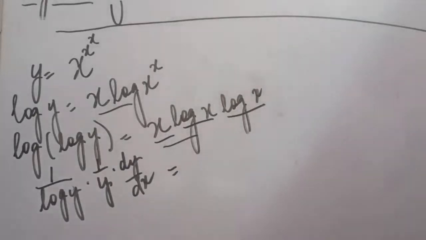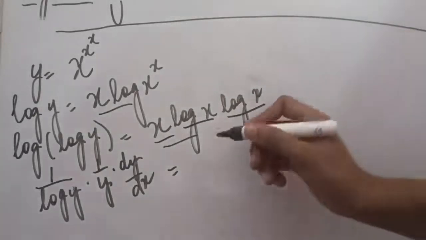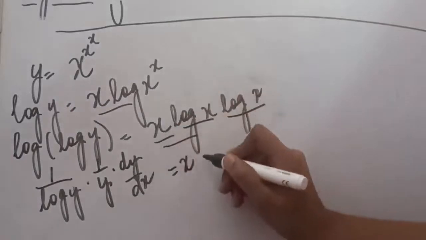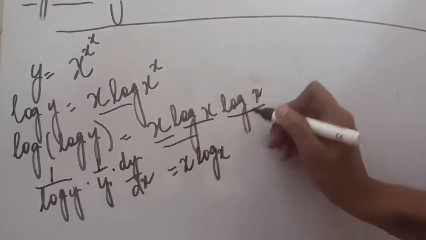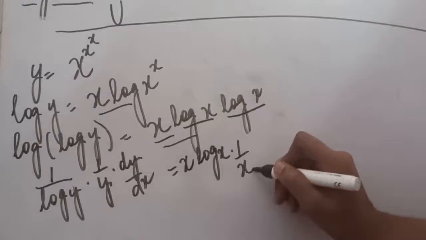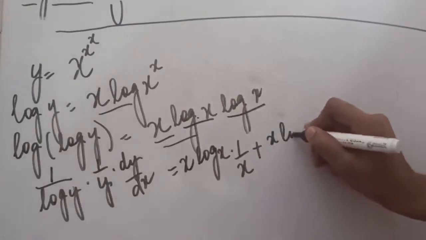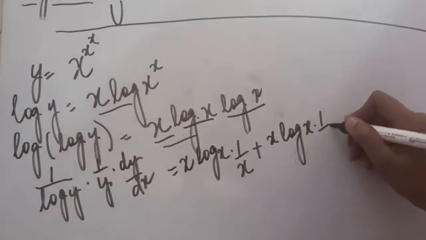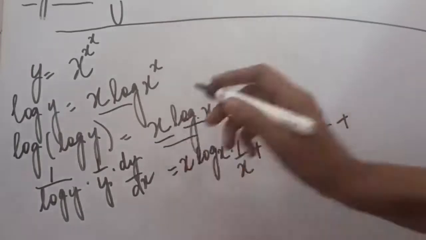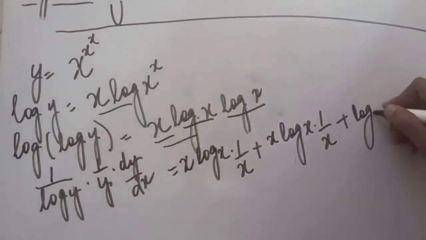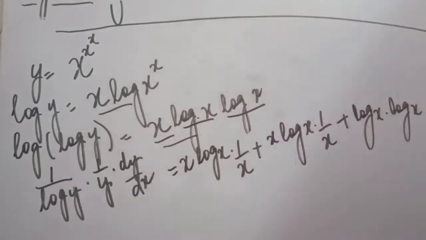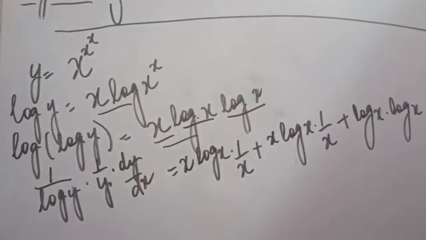So what we used to do in that rule, first for example I am taking these two, x log x, and taking differentiation of this, it is 1 upon x, plus now I am taking differentiation of this, so it is x log x into 1 upon x, plus I am taking differentiation of this, it will be log x into log x, differentiation of x will be 1. So this is the u, v, w rule we have applied.